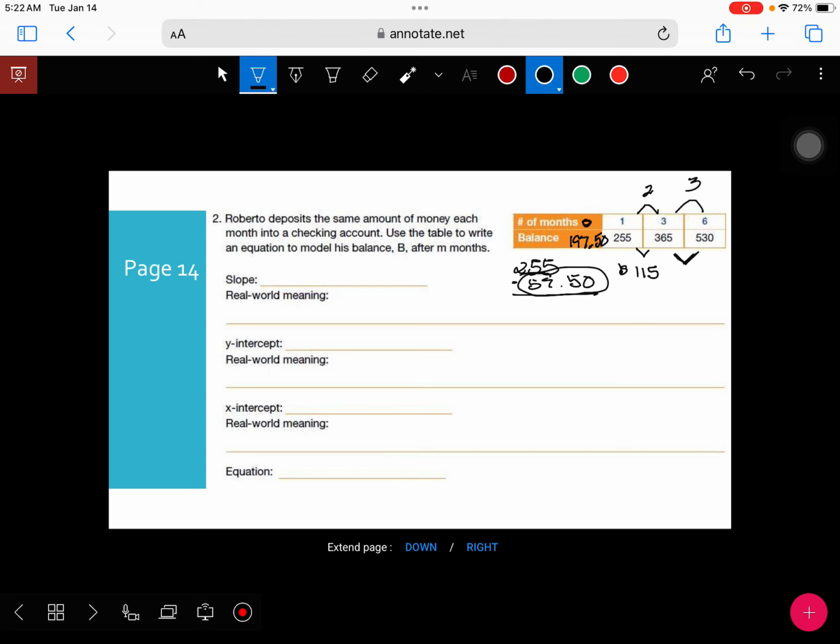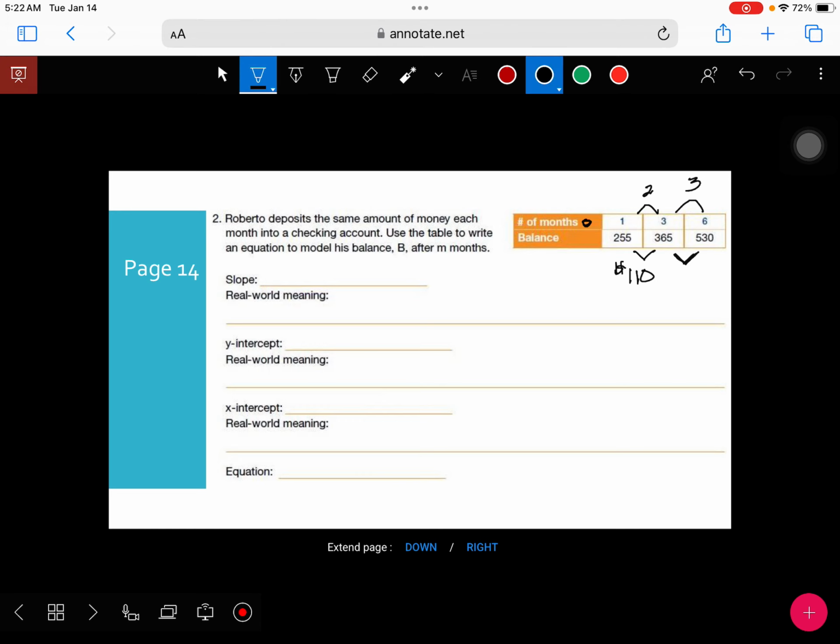What did I do wrong? Oh, that's not $115. Let's try this again. Okay. So from 255 to 365, I see now that is $110. So if that is over an increase of 2 months, then 1 month would be half of that.